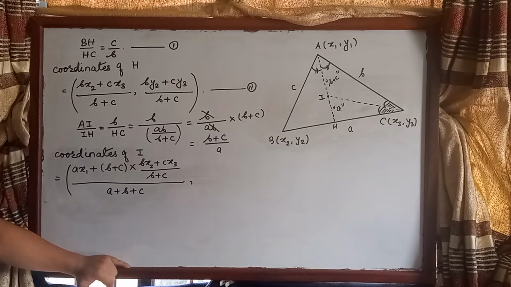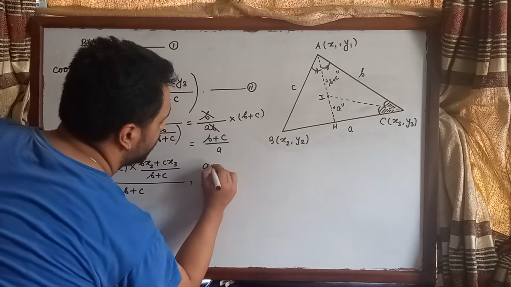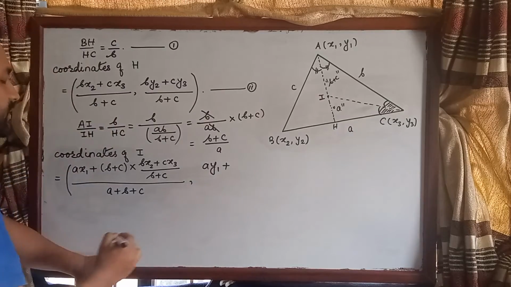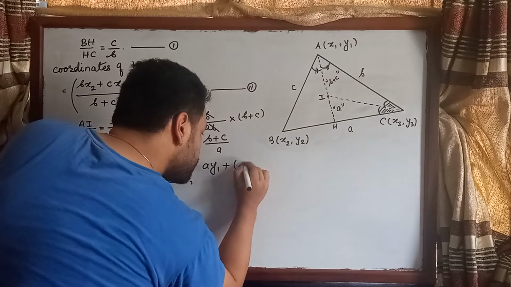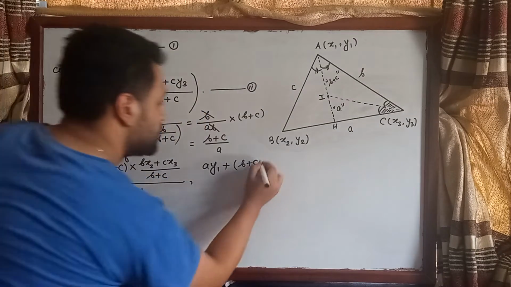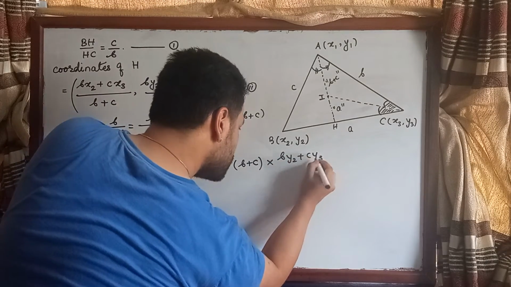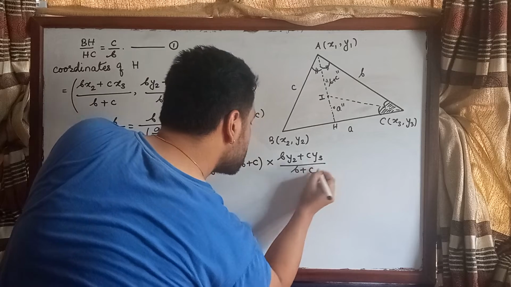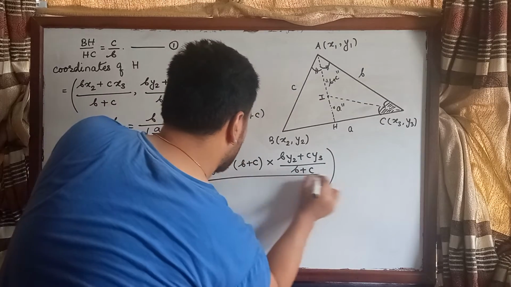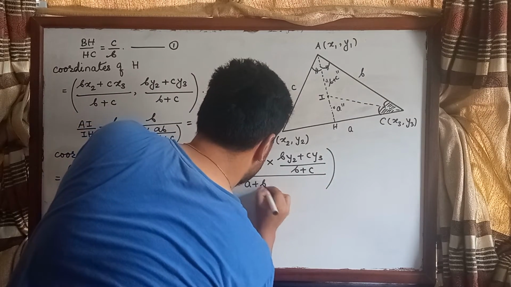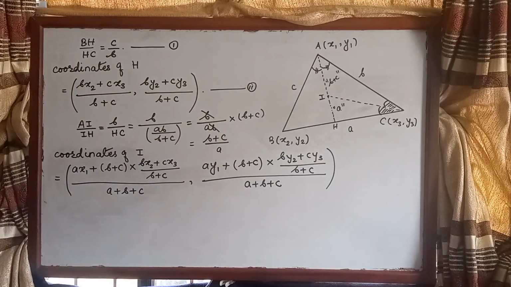And similarly, for the y coordinates, we're going to have AY1 plus B plus C times BY2 plus CY3 over B plus C, all over A plus B plus C. All right.